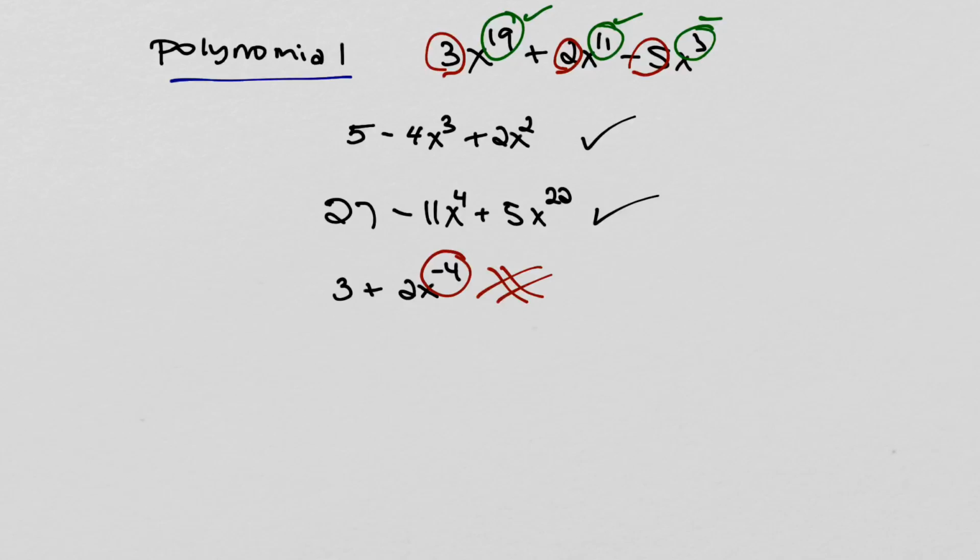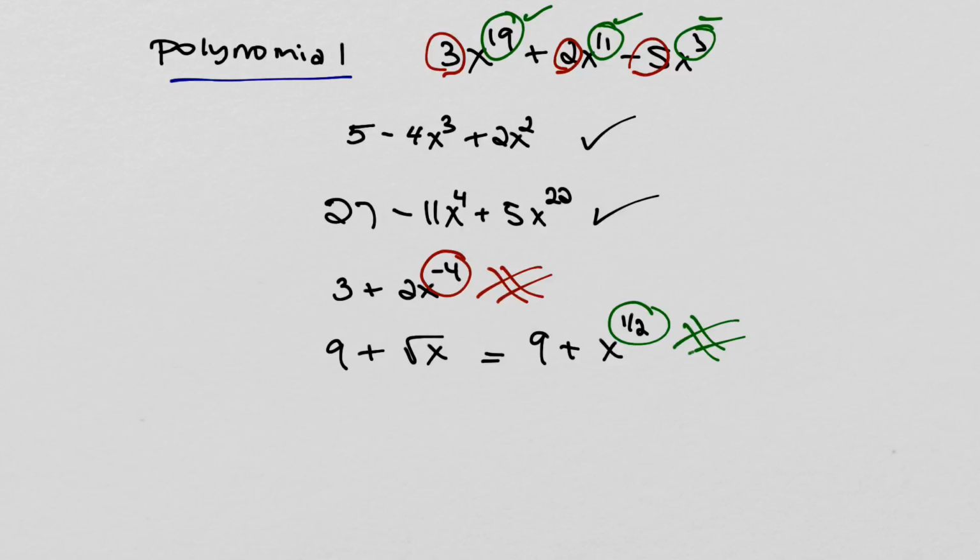Or if I had 9 plus the square root of x, I know I'm in trouble there because remember the square root of x is the same thing as the 1/2 power. So that 1/2 power right there just shoots it all down, and no, that can't be a polynomial. So again, a polynomial is one of these statements where we have nice positive integers as my exponents.